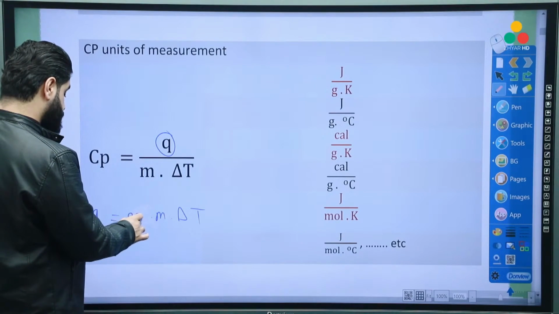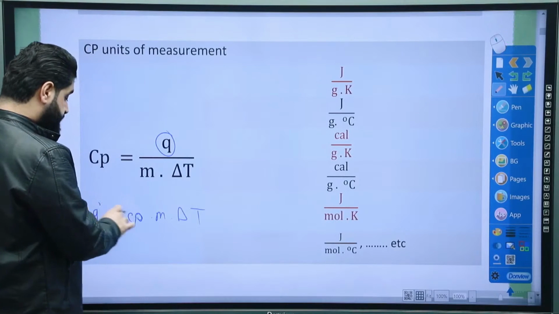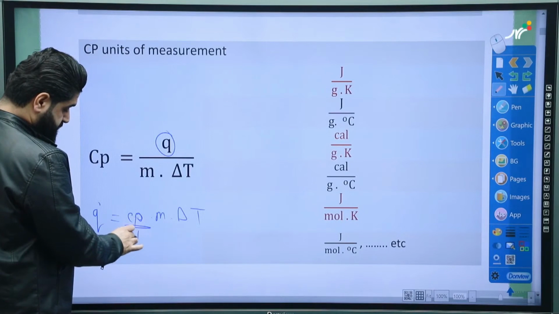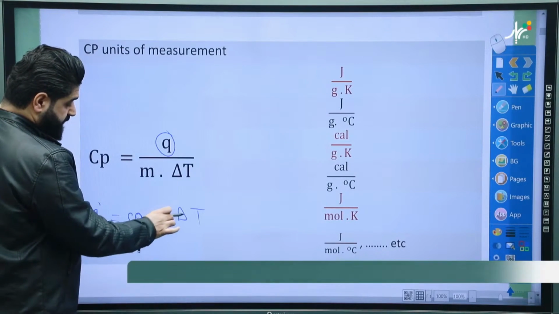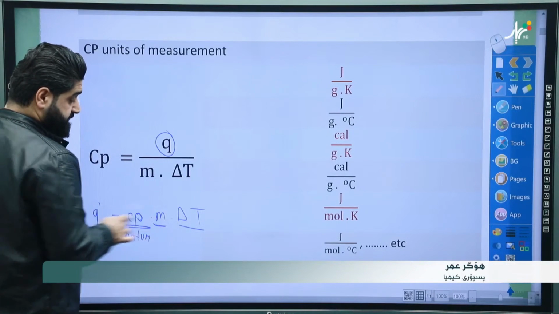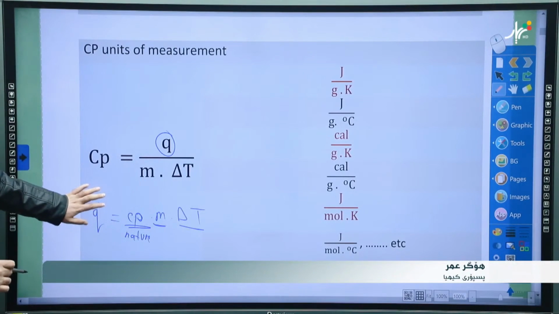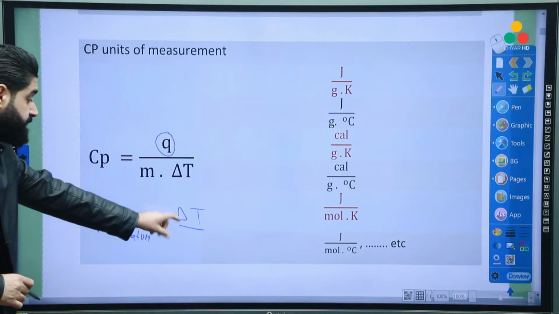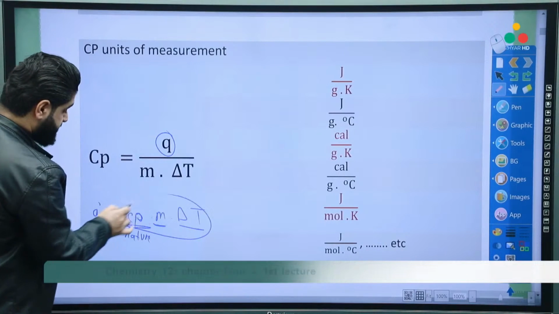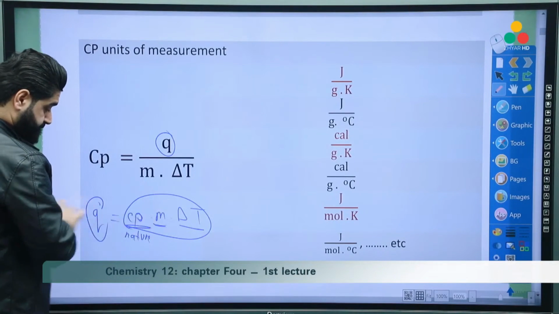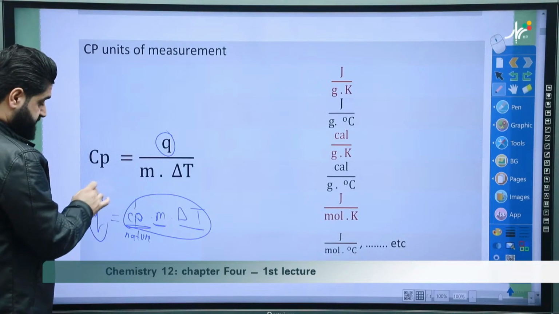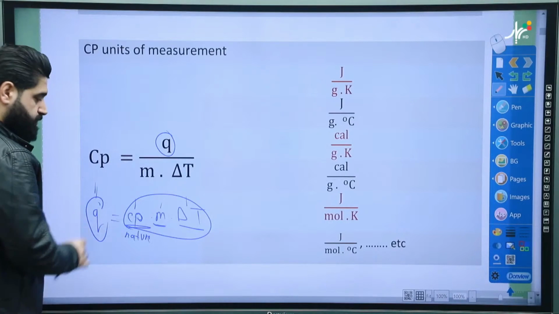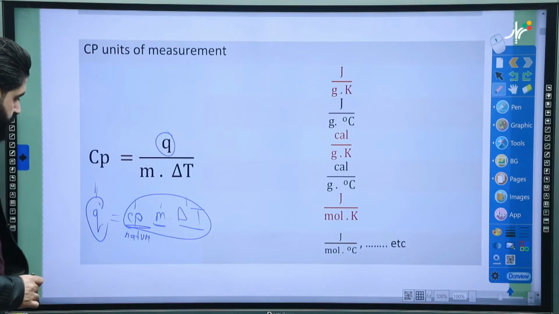But the amount of energy Q depends on Cp, the nature, mass, the amount of substance, mole, and delta T. So there are three factors that can influence Q, the amount of energy: Cp, M, delta T. There is a direct relationship between them. As Cp increases, Q increases. Increasing M, Q will increase. When delta T increases, Q must increase too.